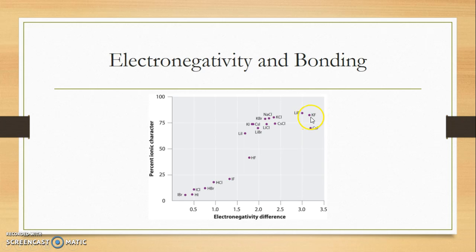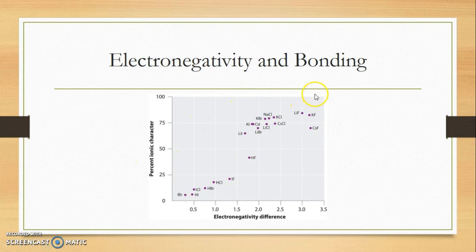Down here it's probably 0.4 or 0.3, and up here it's probably 3.5, 3.25 or something. Now, percentage ionic character: up here are very ionic bonds, and down here are covalent bonds.